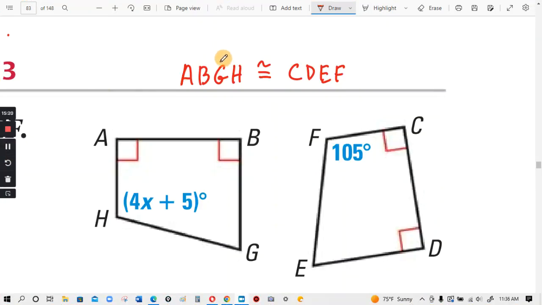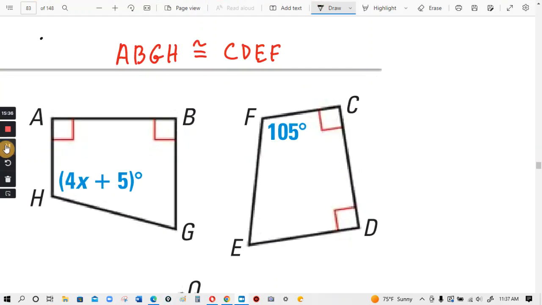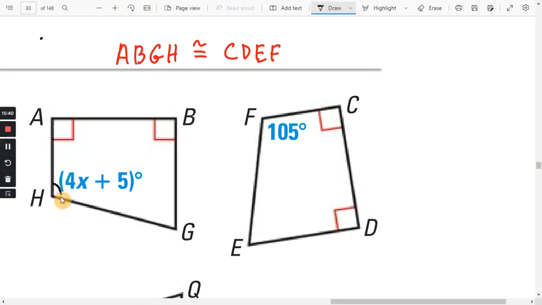Okay, right here we have ABGH is congruent to CDEF. See if you can solve for X by matching on both sides, and then plug in for X and find the measure of angle H. All right, so if you look, here's angle H, and that's going to be 4X plus 5. We want to match it up.